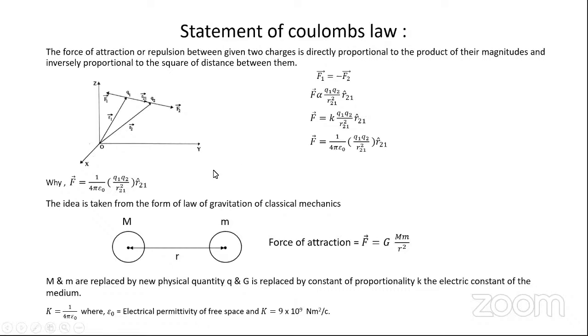So the idea of this particular formula of force of attraction or repulsion is, I think, taken from the very basic law of classical mechanics, that is the law of gravitation. What is there in the law of gravitation?